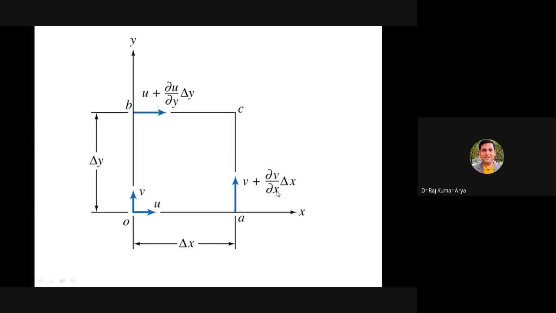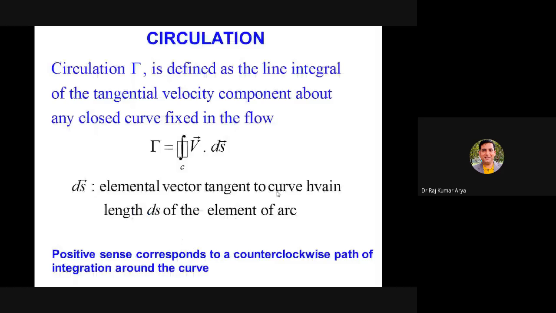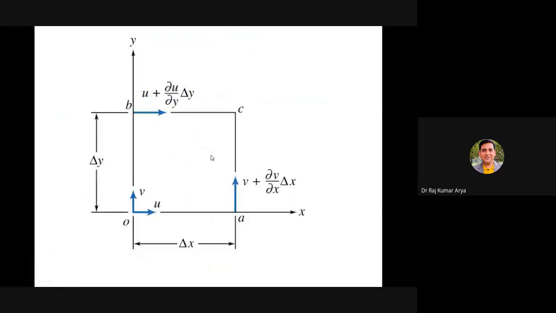Now we want the dot product of velocity, as we wrote for the circulation, v dot ds, right? You know the velocity component, just multiply by ds and integrate it. First you move from point O to A, then from A to C, then from C to B, and then you come back from B to O. So that is one circulation path.